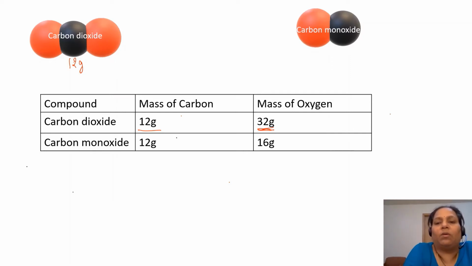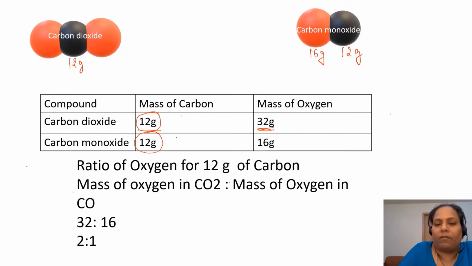And what about carbon monoxide? 12 grams of carbon combines with 16 grams of oxygen to give carbon monoxide. So the fixed mass of carbon, if I take it to be 12 grams, for every 12 grams of carbon, what do I have? I have 32 grams of oxygen in carbon dioxide and 16 grams of oxygen in carbon monoxide.